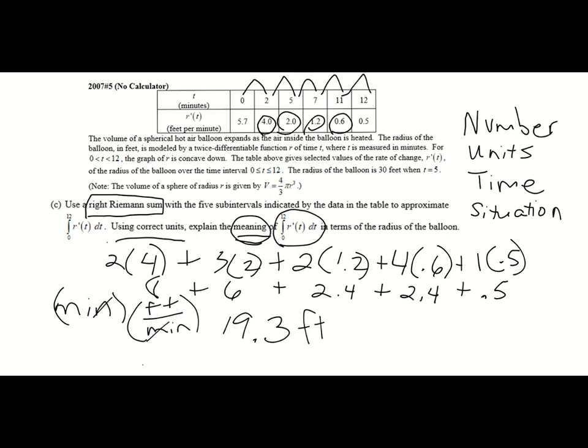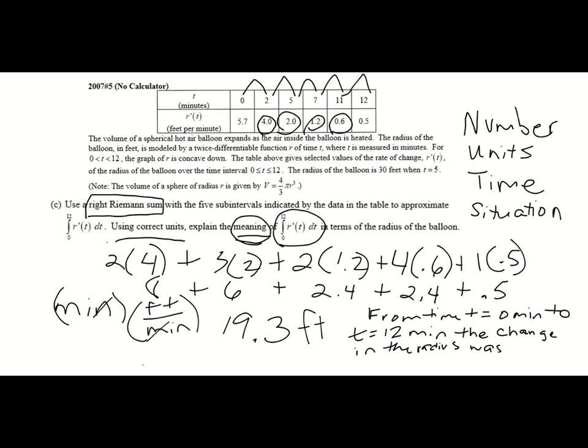So what does that mean exactly? Well, we're going to say from time t equals 0 minutes to time equals 12 minutes, the change in the radius was 19.3 feet.